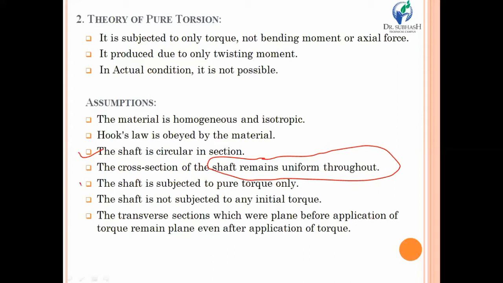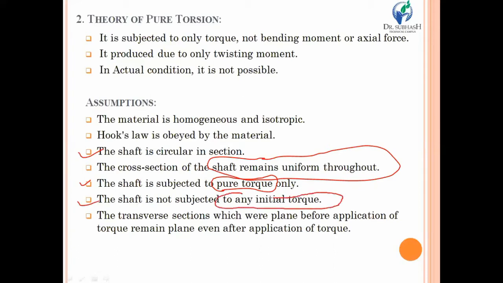Fifth, the shaft is subjected to pure torque only. We have already discussed that when we started this theory, because while deriving the pure torsion equation, it is the prime consideration that the transmission shaft is subjected to only and only pure twisting moment. The shaft is not subjected to any initial torque.